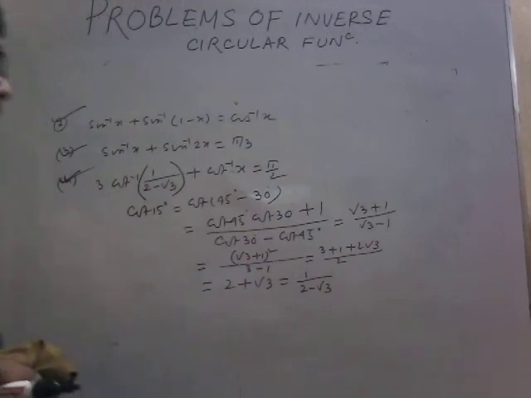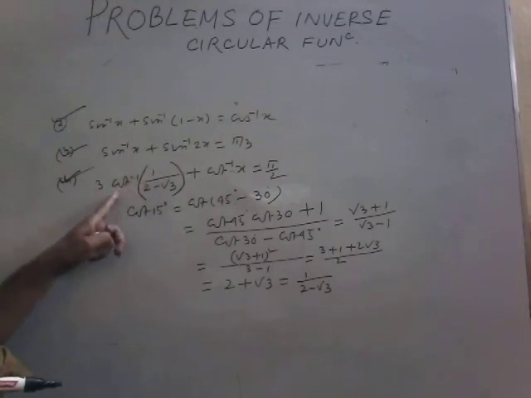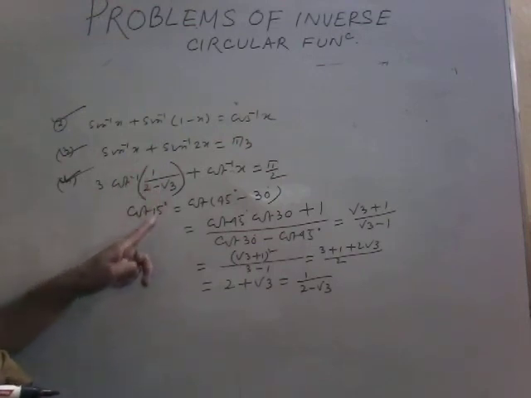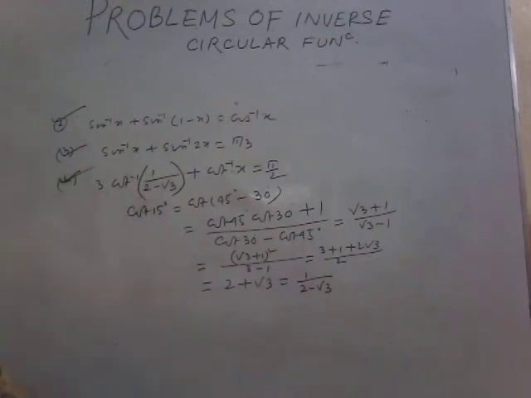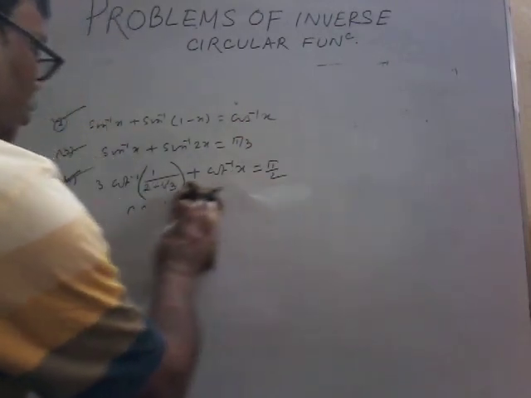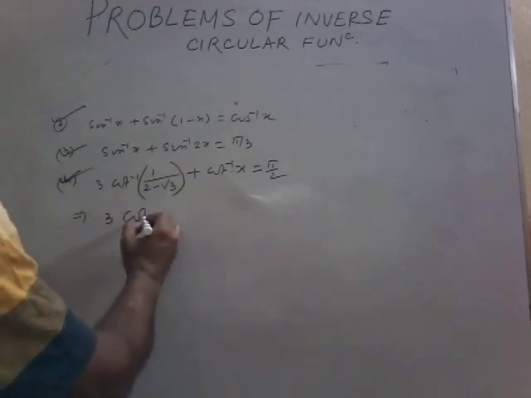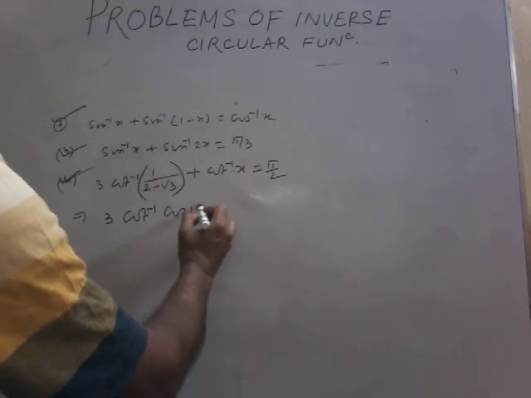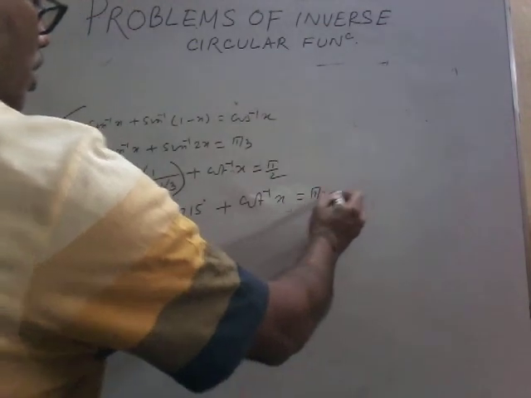So look, 3 cot inverse 1 by 2 minus root 3. So cot inverse, this equals cot 15. So cot inverse cot 15 is absorbed. This is 15 degree. So this is actually 45 degree. So now you proceed. We have already proved this one. 3 cot inverse cot 15 degree plus cot inverse x equals pi by 2.